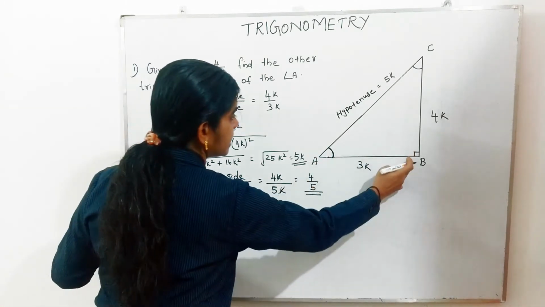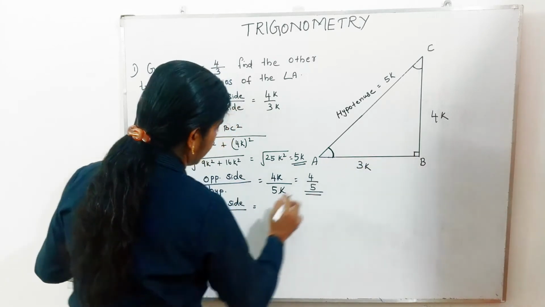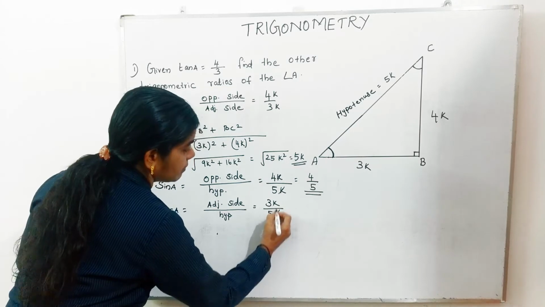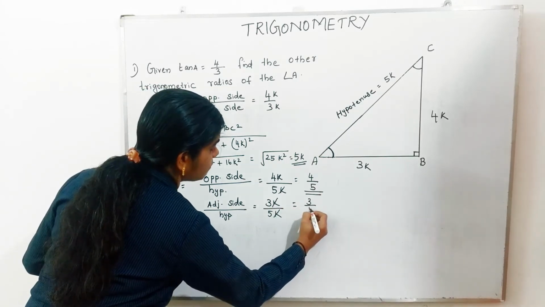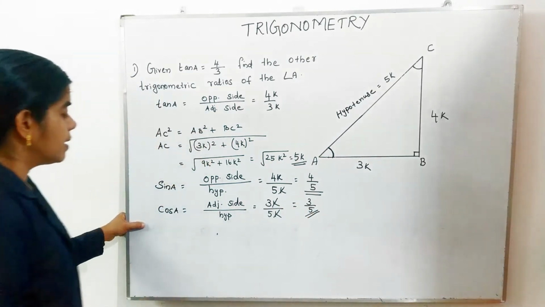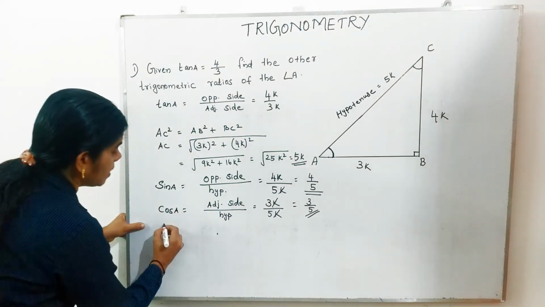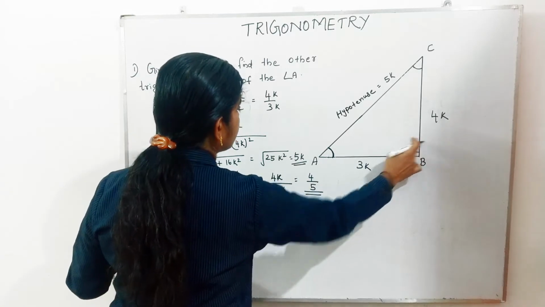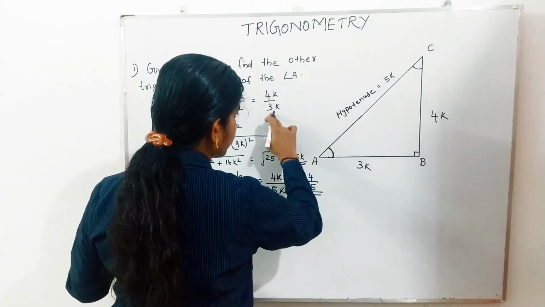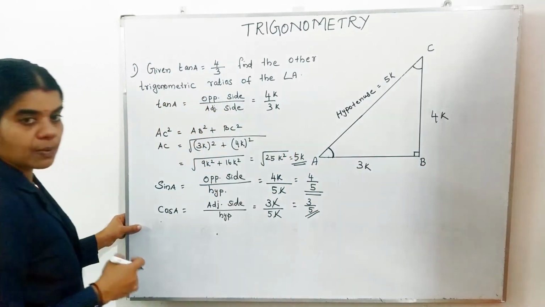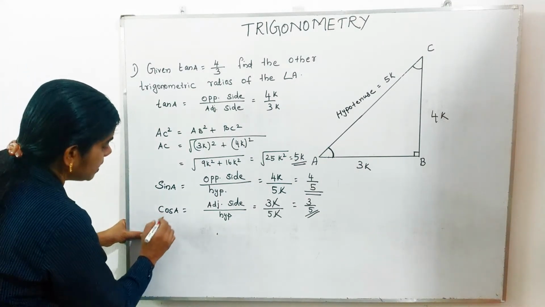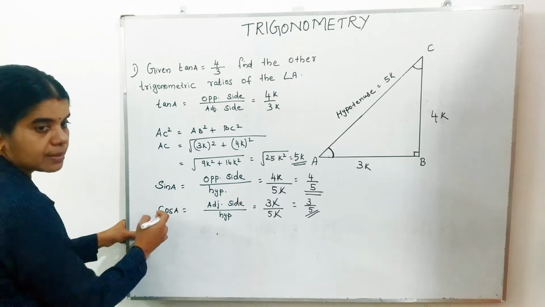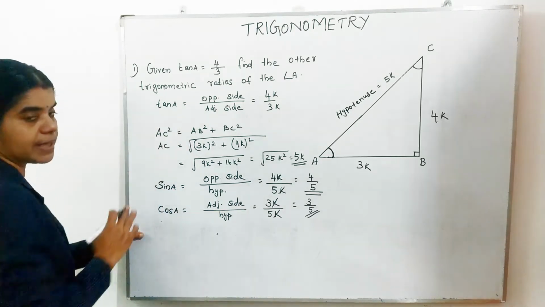What is the adjacent side here? 3k. 3k by 5k. Then we cut this. So 3 by 5 will be cos A. Then tan A is already given. Tan A means opposite side divided by adjacent side, that is 4k by 3k, which is already given.